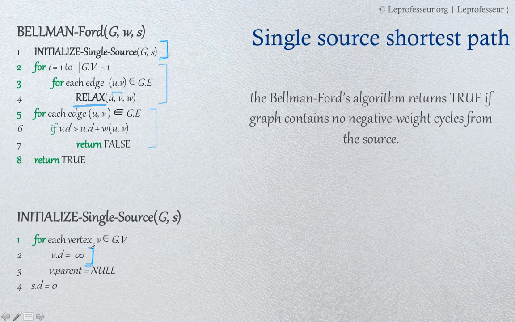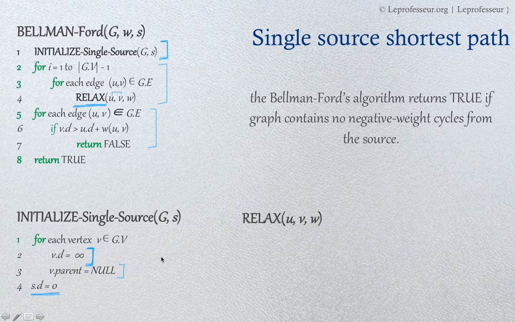Initially, we don't know how far that node is from the source node, so we just put some high value or infinity, and we make the parent of each vertex null because we don't know the parent of that node. And we initialize s dot d, the source vertex distance, to 0. That's the initialization step.